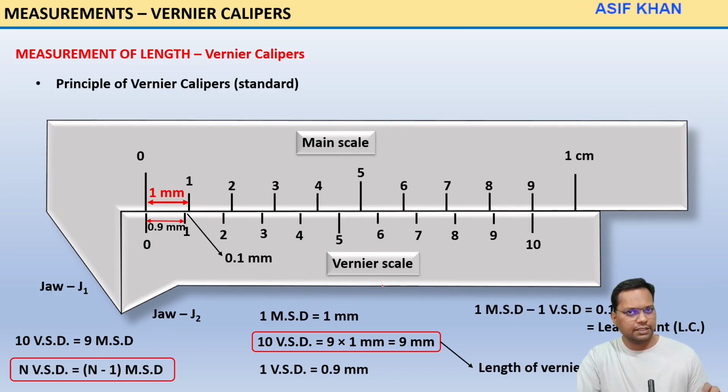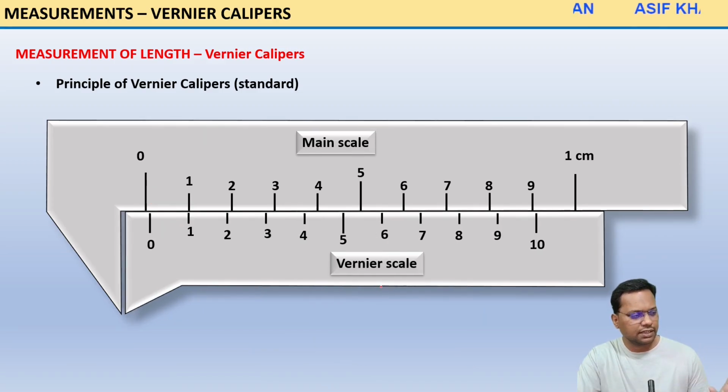Initially, the 0th lines on the main scale and the Vernier scale are both coinciding. Now when I open the scale such that the first line on the Vernier scale is exactly coinciding with the first line on the main scale, look at the scale carefully.